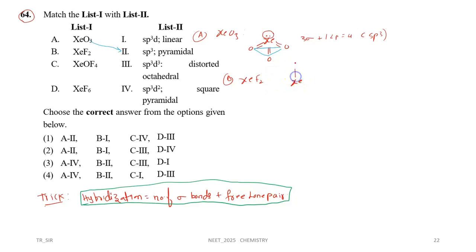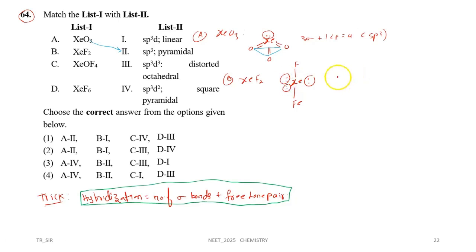We'll make it like this, with one fluorine below and one above. Eight electrons, two have been used. Now how many are left? Six electrons are left. So I'm keeping one lone pair here, one on this side, and two lone pairs on this side.